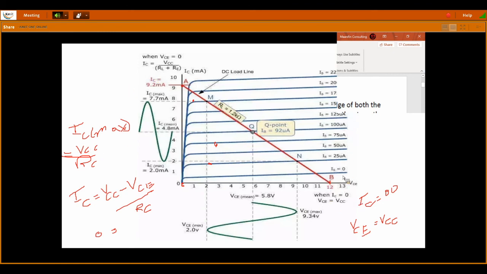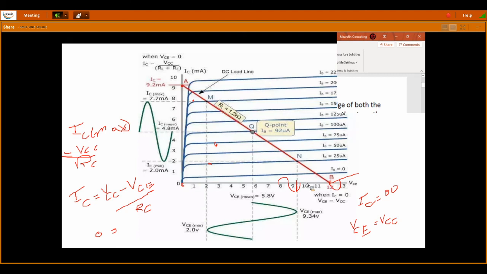So here if I superimpose my input signal at this position, the output for a positive cycle is allowed into the linear region. But for the negative cycle of input, your input junction voltages are moving towards reverse bias.